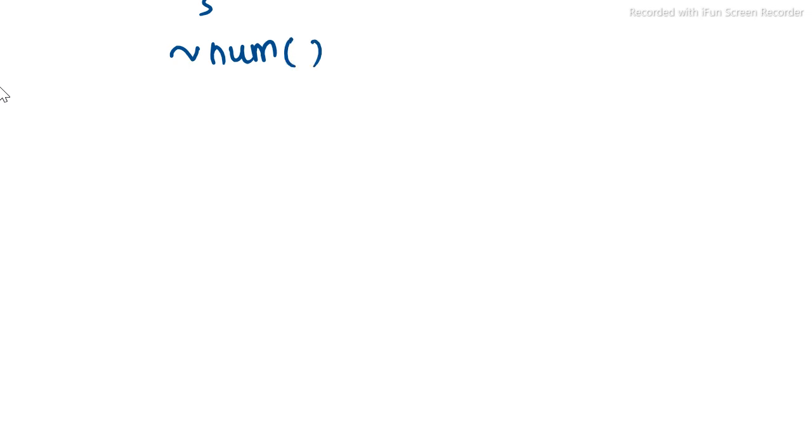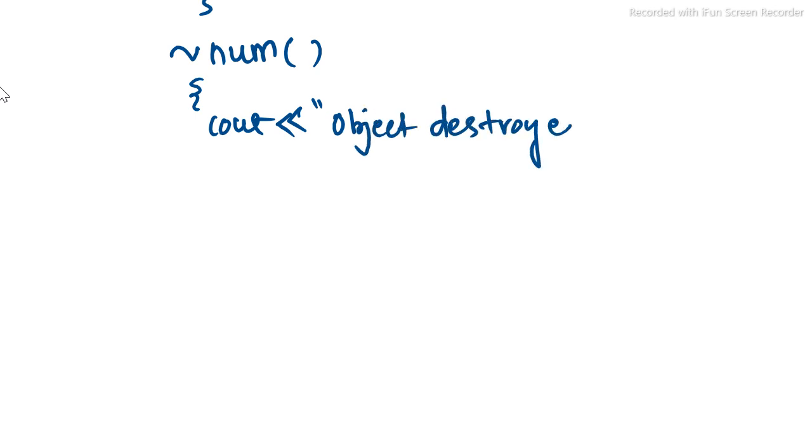So tilde num, and since it is a function, it is followed by a pair of curly brackets. Here we write cout "object destroyed", which displays the id of the object destroyed when it is invoked automatically, then c--. Then we close the class.